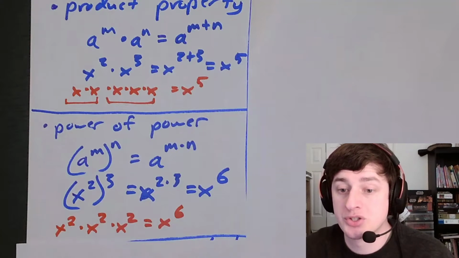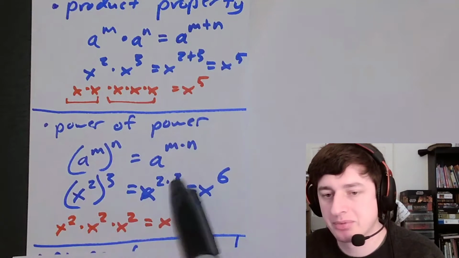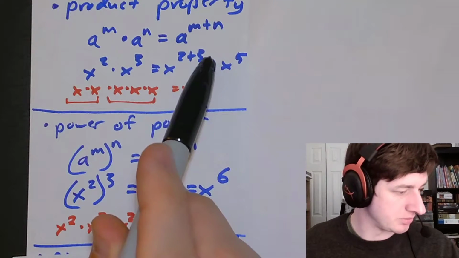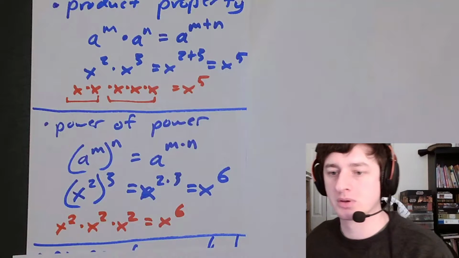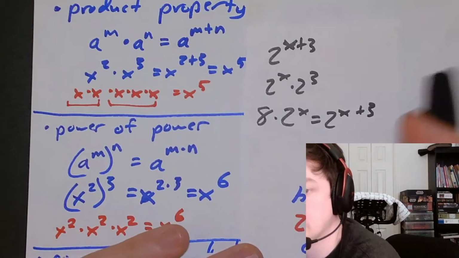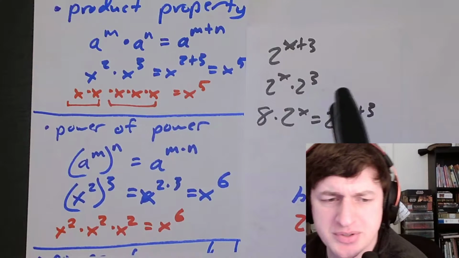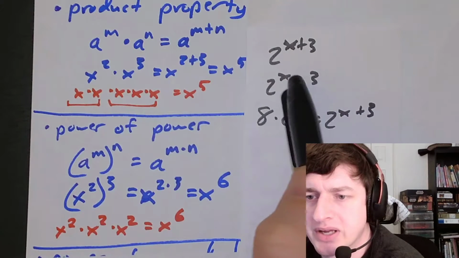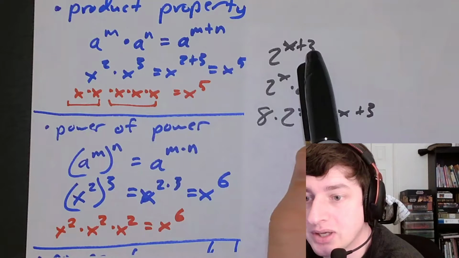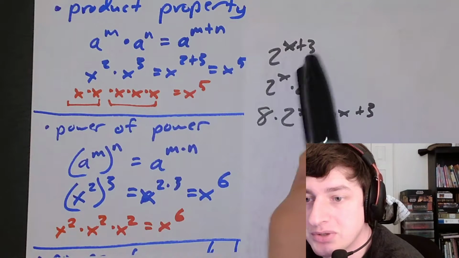Now, I was saying we should be able to go both ways. That's not really going to happen very often with the power of a power, but with the product property it is. So you don't need to write this down, but in later chapters, later sections, if we have an exponential function, we have 2, and then there's an x in the exponent, and we would add something to that x. This can be rearranged, right?